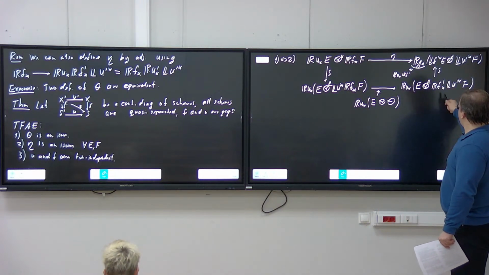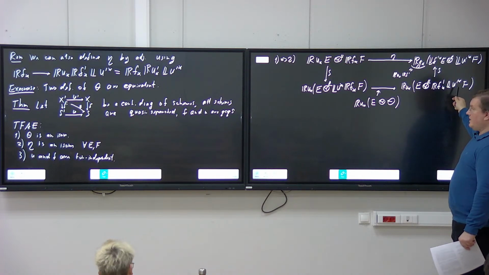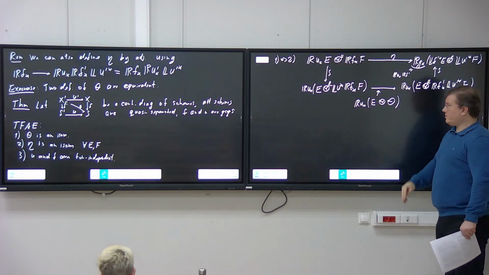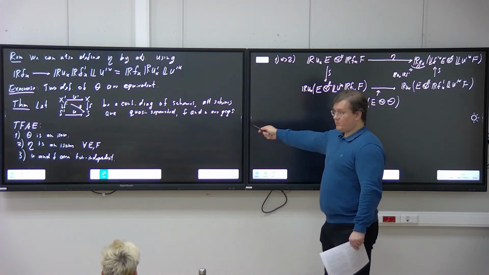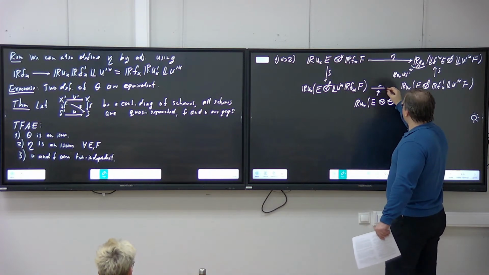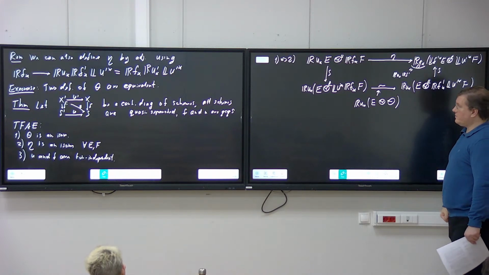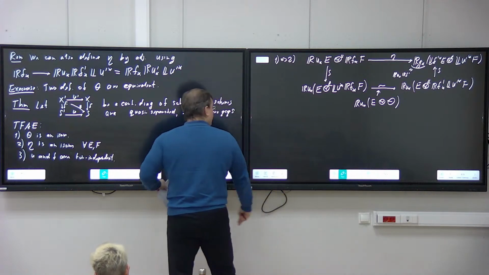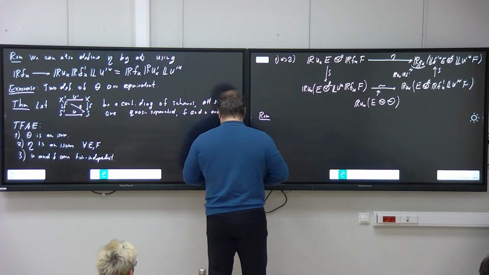There is a canonical base change map theta, and this is just the result of applying the tensor product with U and the push forward. But in 1, I assume that theta is an isomorphism. Hence this is an isomorphism, these two maps are isomorphisms, hence eta is an isomorphism. That's the end of the proof that 1 implies 2. That was simple.